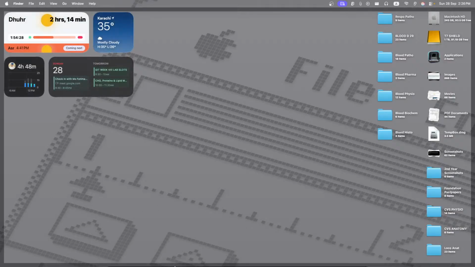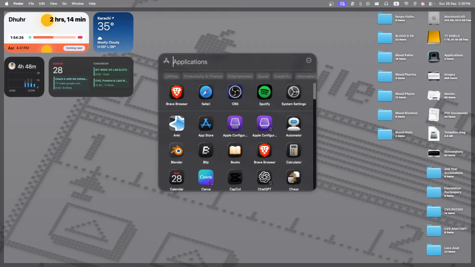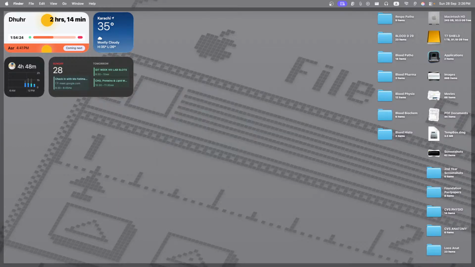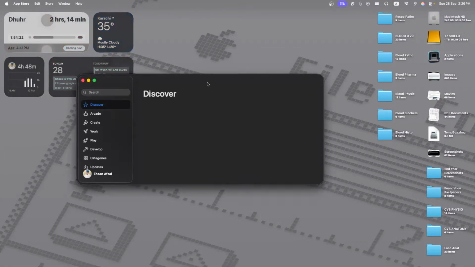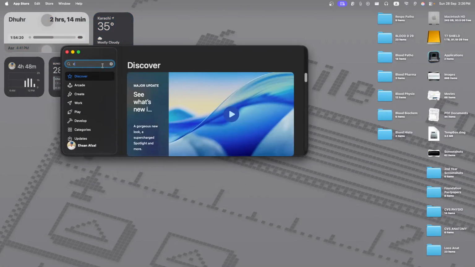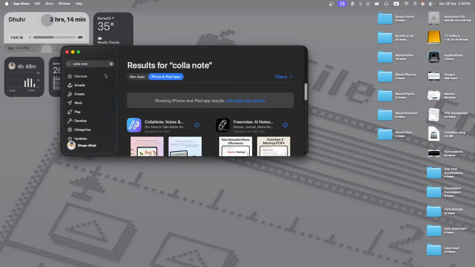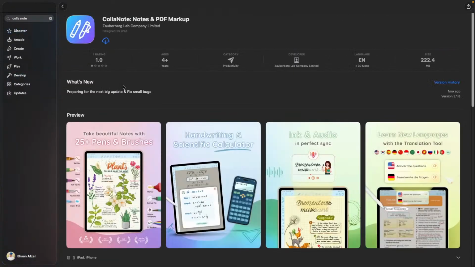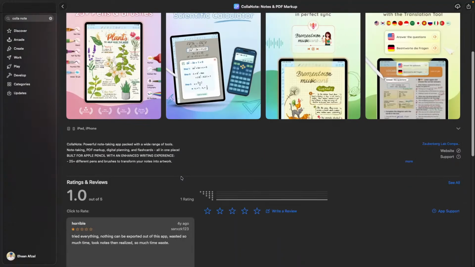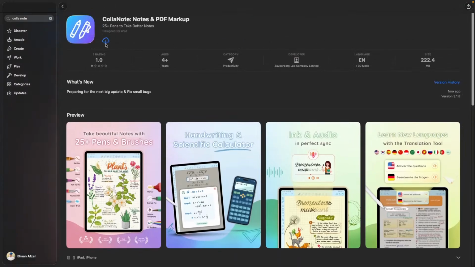Let me see if Colanode is available. I'm so sorry. Ah man. Okay. App Store. Colanode. Surely it's available. Can I? Will this work on the iPad?